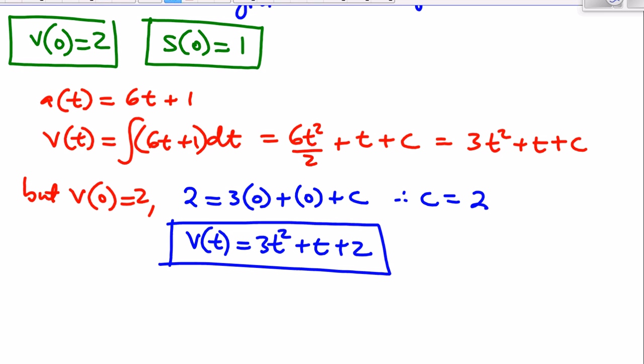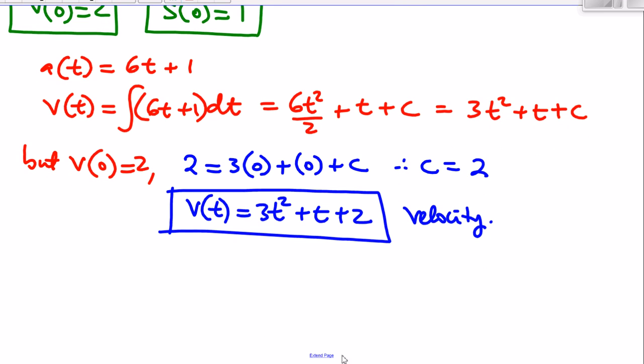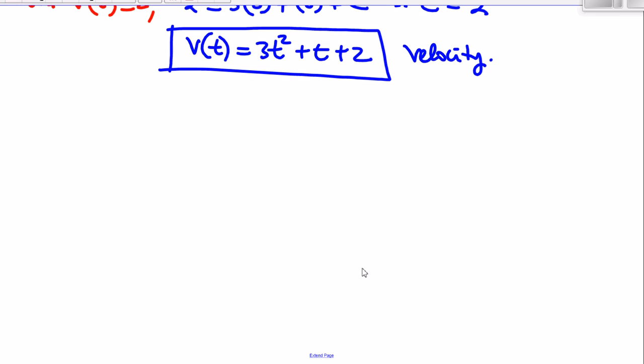Good. So we have the function representing velocity. Let's carry on, because we also need to find the expression for displacement. So this is velocity. So to find the expression for displacement, we shall integrate.